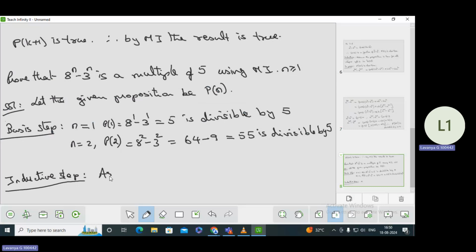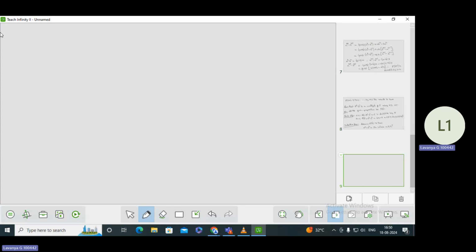So we assume P(k) is true. So 8^k - 3^k is divisible by 5. Let me write it as 5 times m, where m is a positive integer. Now I have to show P(k+1).